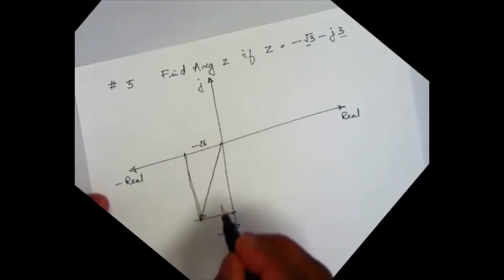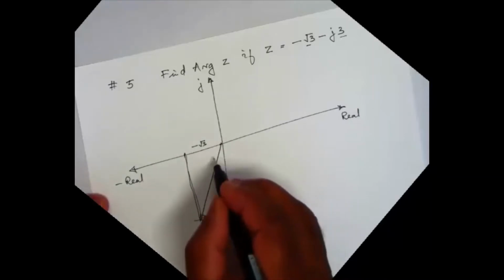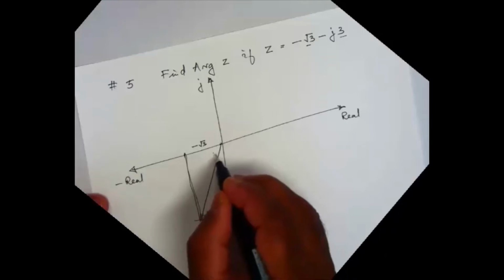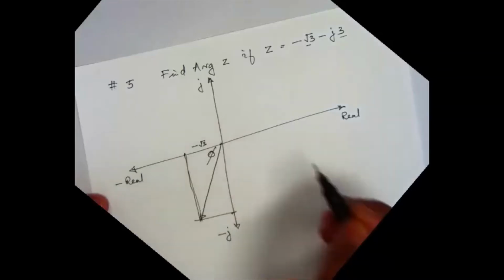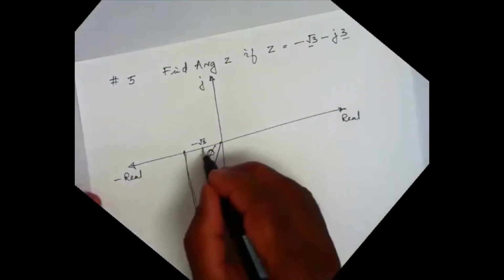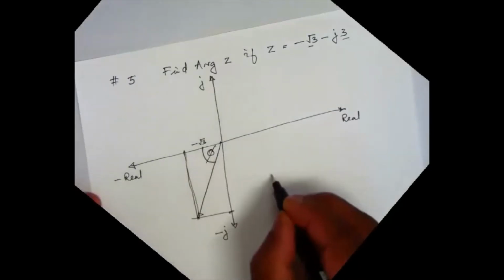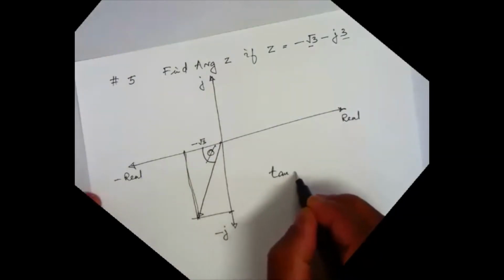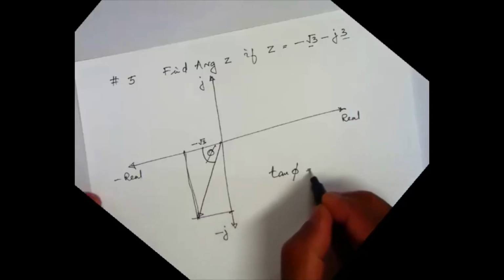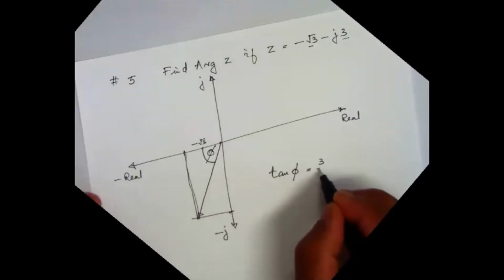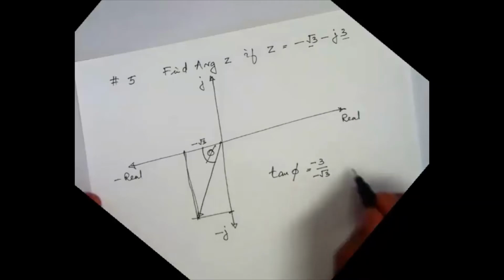So we can now easily find this angle there. Shall we say that angle is another angle, say phi, right? So for the angle phi, tan phi is equal to 3 over root 3. It's actually negative 3 over negative root 3.